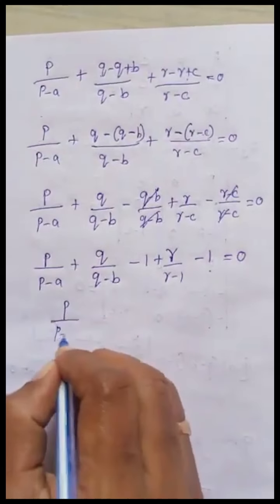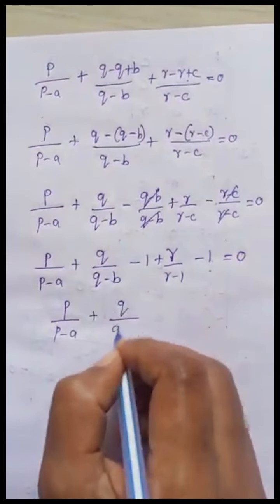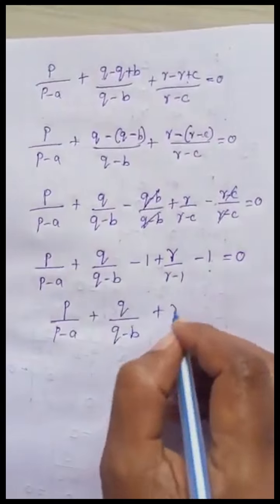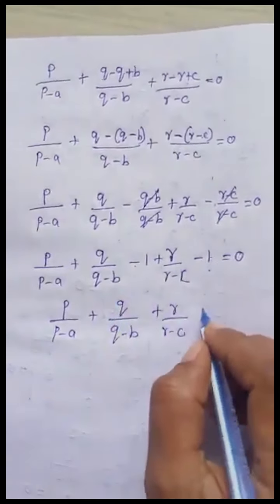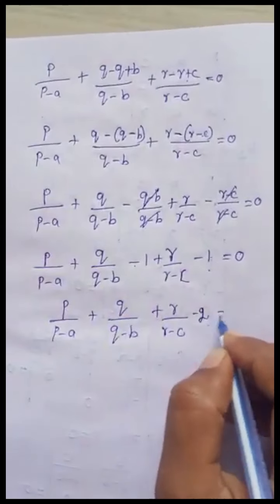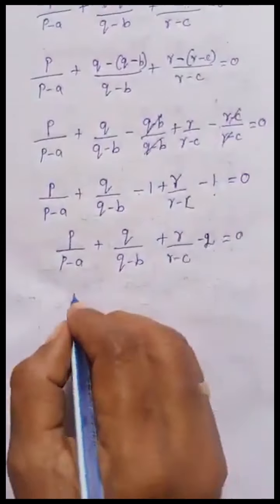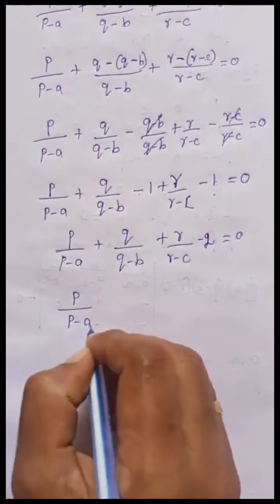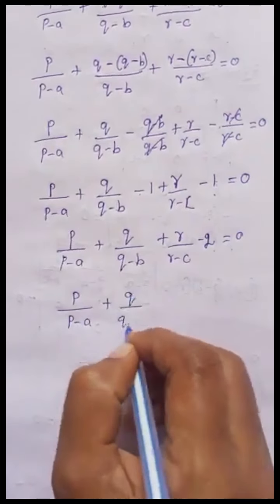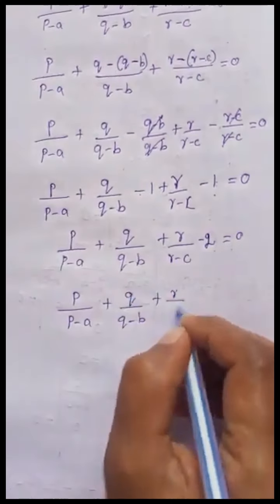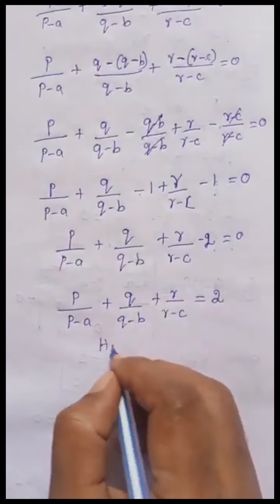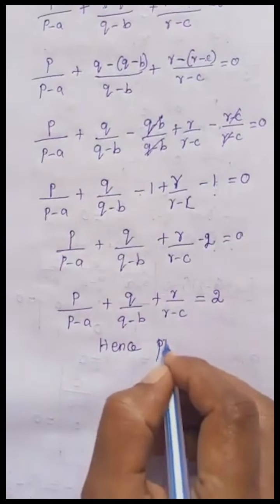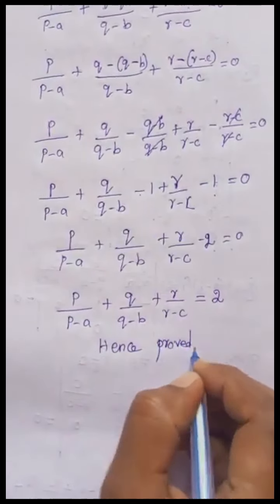Or P by P minus A plus Q by Q minus B plus R by R minus C minus 1, that is minus 2, is equal to 0. Now take this to the other side. P by P minus A plus Q by Q minus B plus R by R minus C is equal to 2. Hence proved. See, this is what we need to prove.